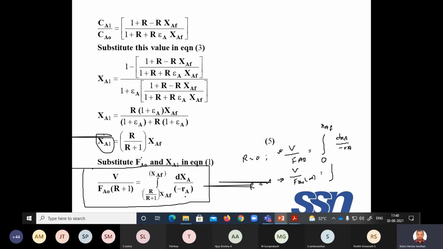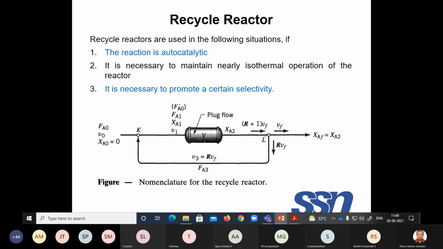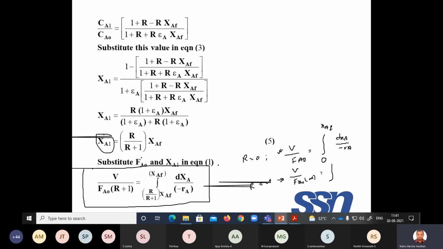What does that mean? Because you know that when R is infinite, that means the entire thing is being recycled. There is no product stream here. Therefore, your plug flow should convert to the CSTR design expression. But whether CSTR is coming here, that is the big question.